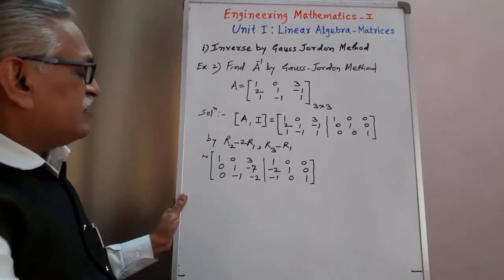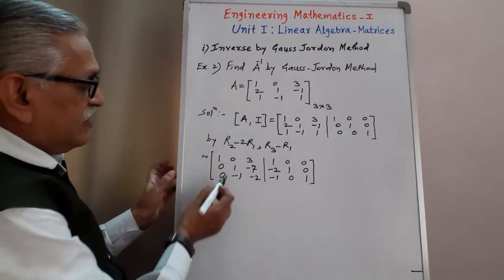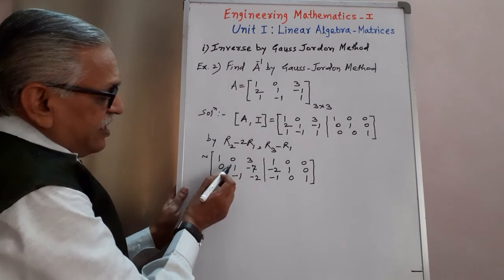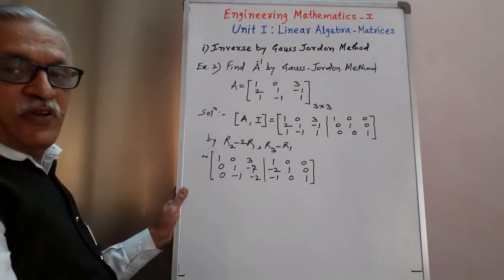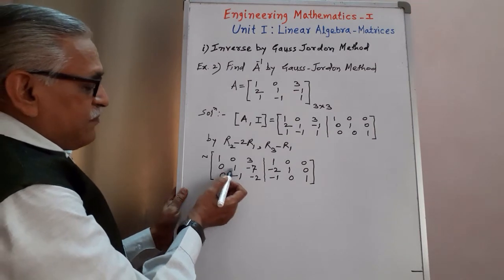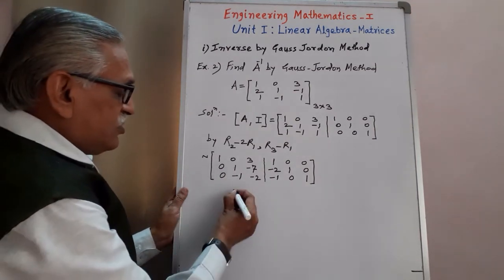Okay. Then second diagonal element is 1. We keep this as it is, and using this second diagonal element we try to convert the elements below it to 0 by applying a row transformation. Therefore, here minus 1 plus 1 we get 0.